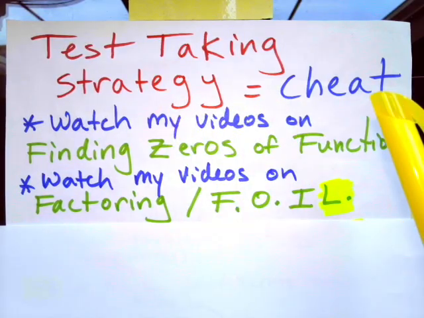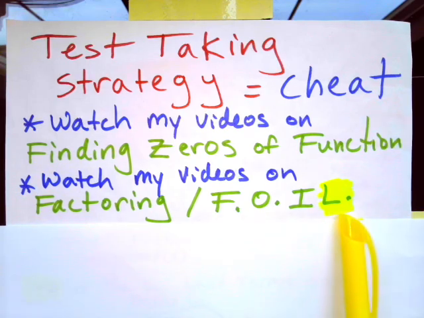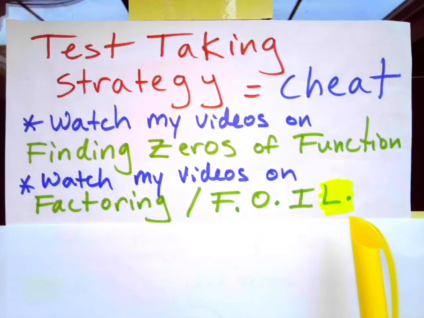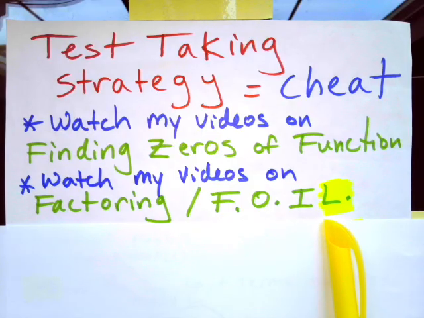So in my test-taking strategy here, that's a cheat, we're going to focus on the L portion, the last terms, multiplying these last terms. Hopefully you watched parts 1, 2, and 3. In this part 4 video, I'm just going to focus on the last terms that you need to multiply in order to find the particular cheat.